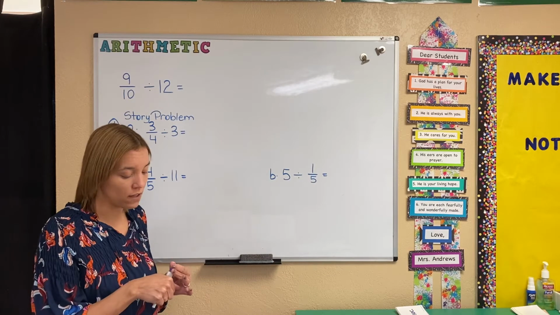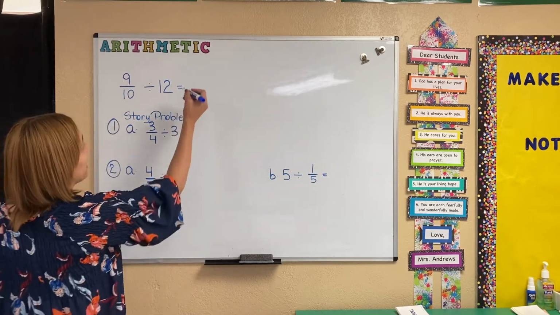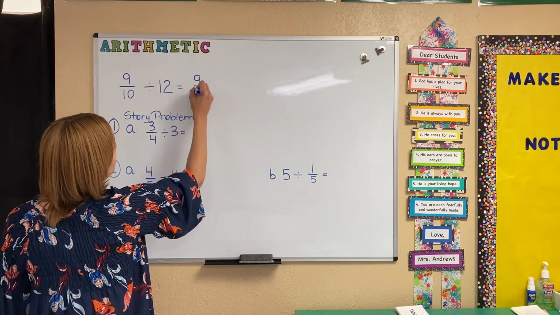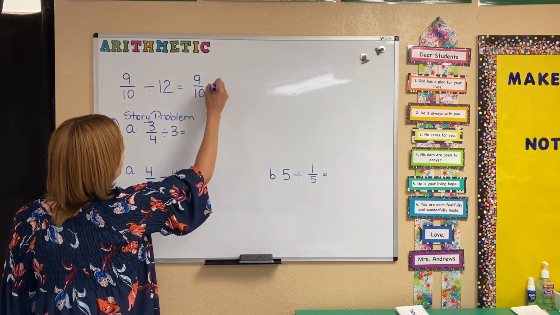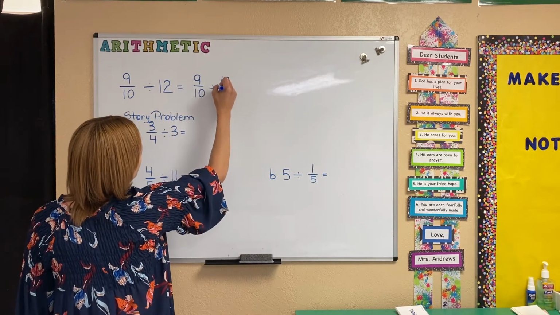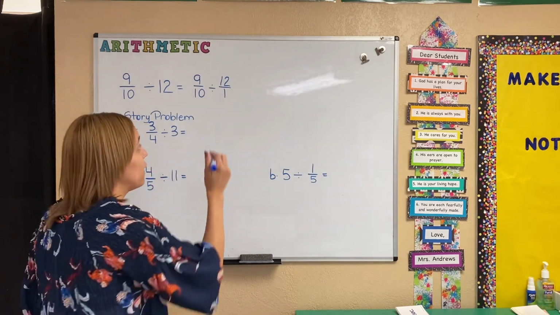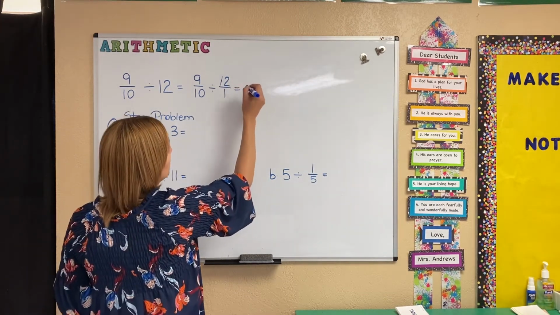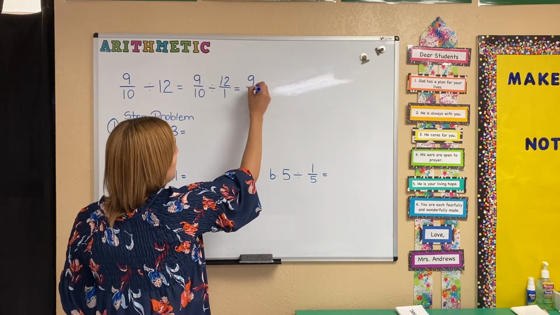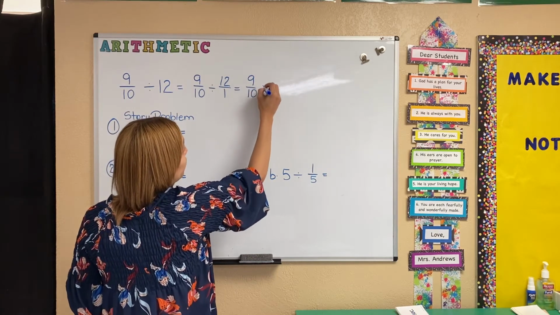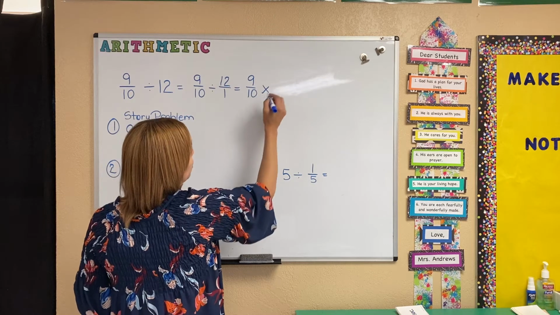So let's look at our example. We have 9 over 10 divided by 12 over 1. So here we made the whole number an improper fraction. The next step is to write 9 over 10, and we want to multiply the fraction and invert.